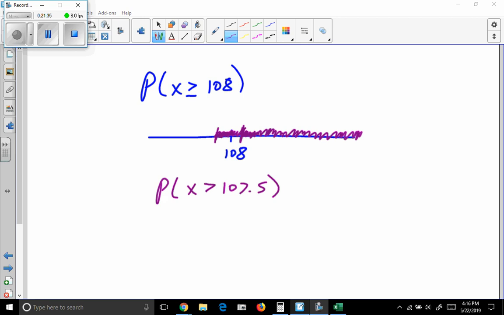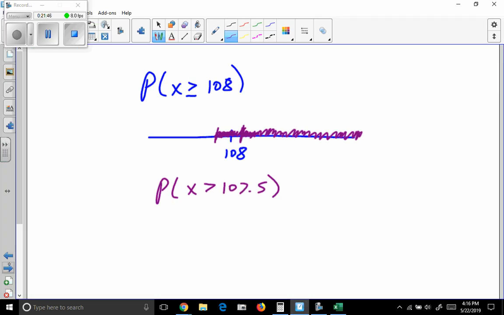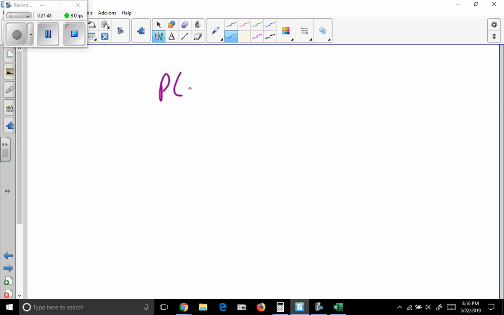All right, let's do one that actually has two components to it. Let's find the probability that we have between 80 and 86 successes. Notice we don't include 80 and we do not include 86.